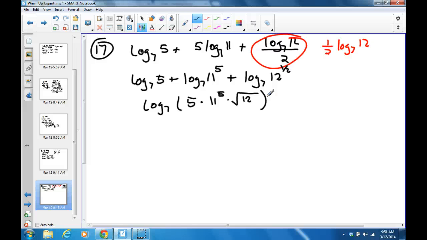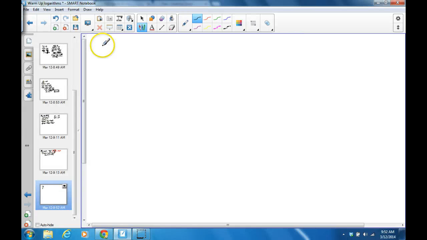For 14, 14 looks like this. You have log base 5 of x to the 6th over y to the 4. So, first thing I'm going to do is what? What can I do with this 4? Put it in front.